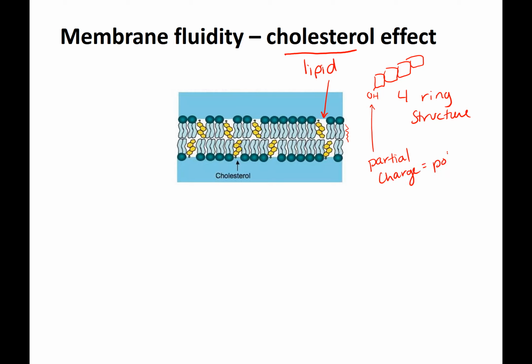That makes it a polar molecule. Everything else here is just carbons and hydrogens. So cholesterol will always orient itself with the little polar piece right there, and then the rest of the lipid in the membrane, right? Just like the phospholipids have their polar head and their lipid tails. So cholesterol is really interesting.